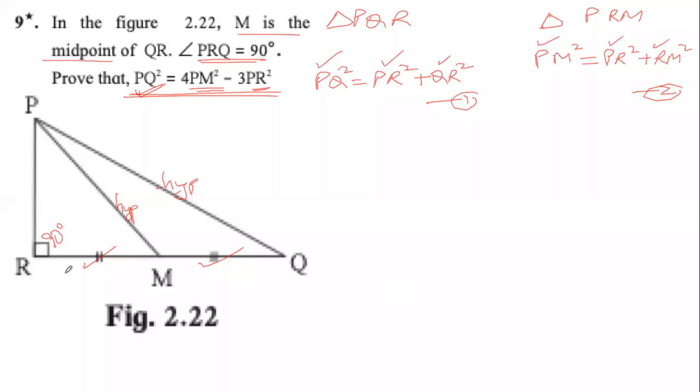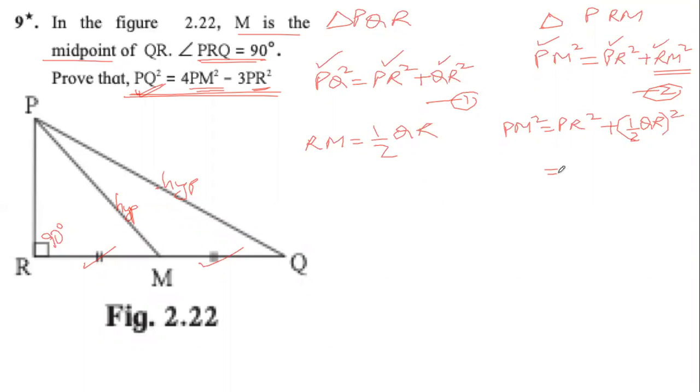Also remember, RM is equal to 1/2 of QR. So here, where it says RM, we can write PM square equals PR square plus 1/2 QR whole square.